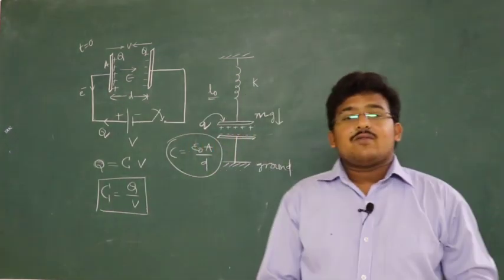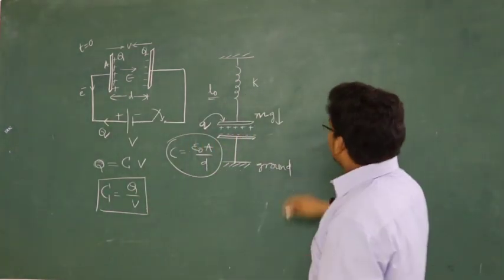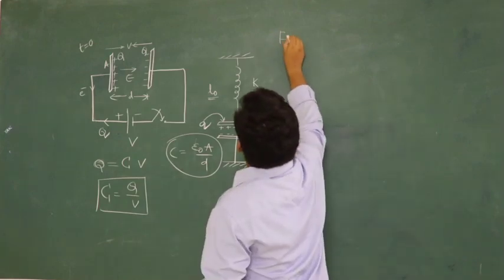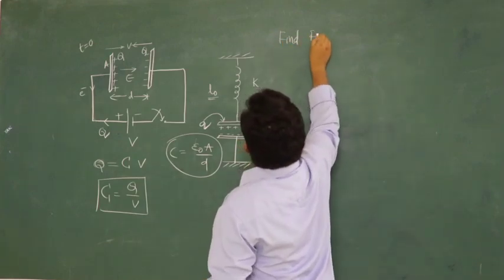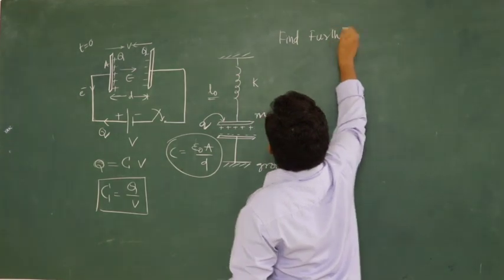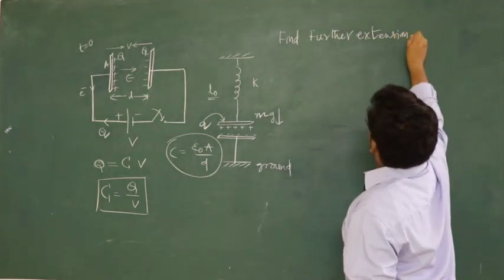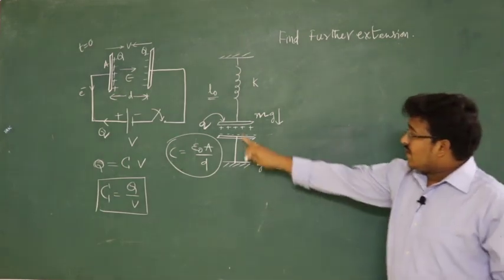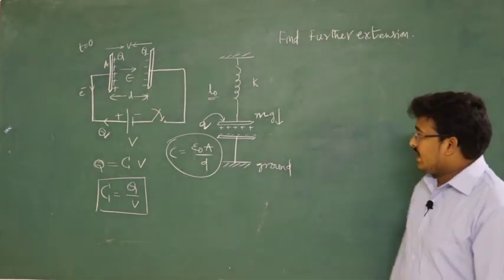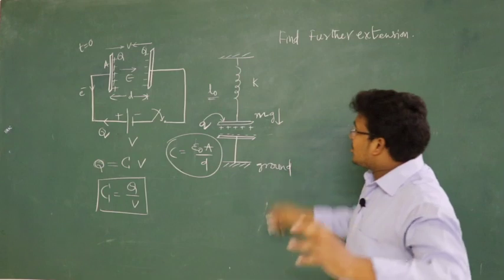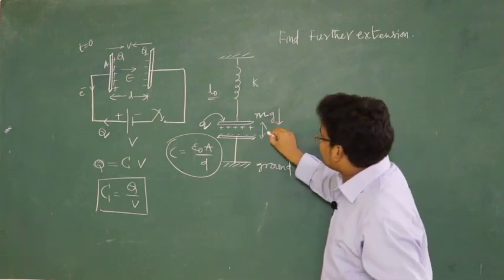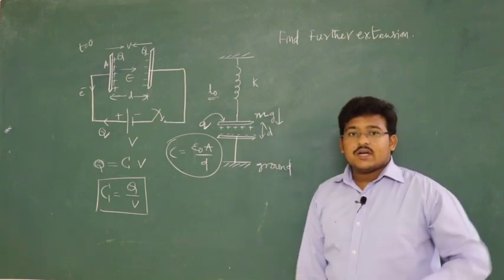Now I would like to find the further extension of the spring when charge Q is given. Initially the distance between the plates is d, you know already.